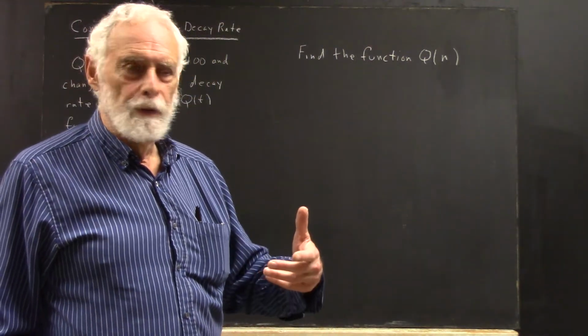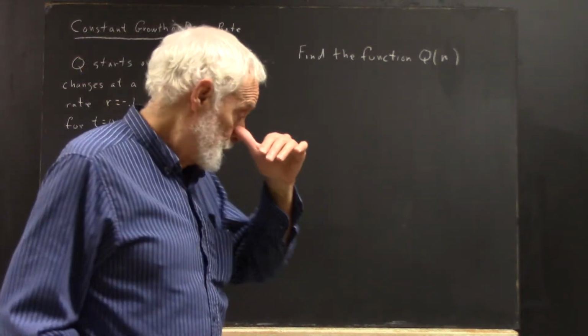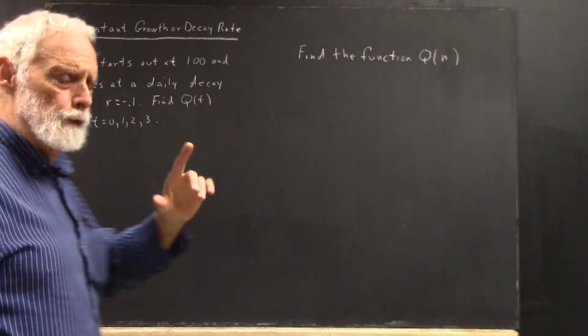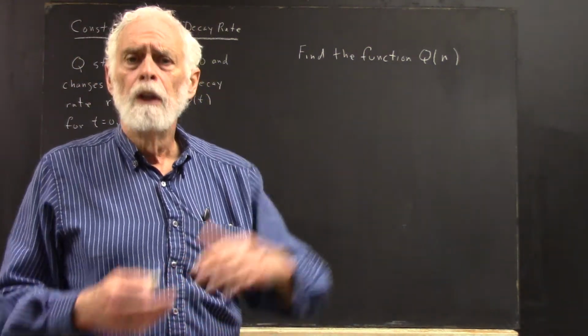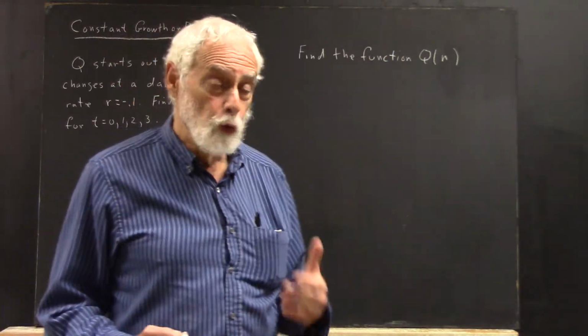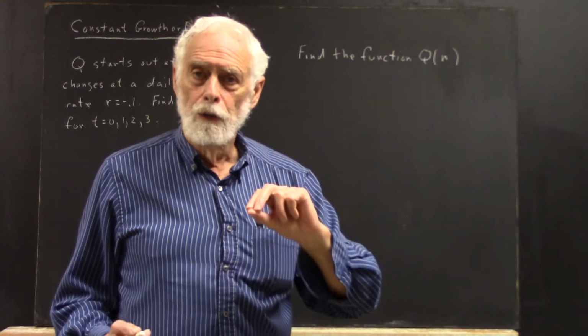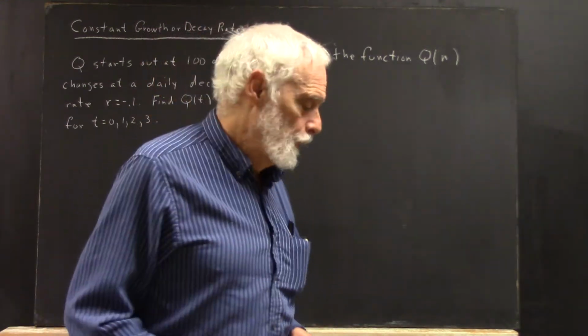Those are examples of growth at a constant growth rate. And don't confuse growth rate with rate of change. Rate of change is change in y over change in x, the fundamental triangle. Growth rate is a different use of the word rate. It's related, but it's not the same thing.